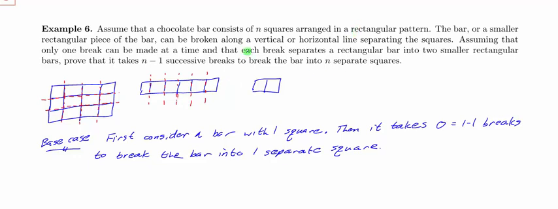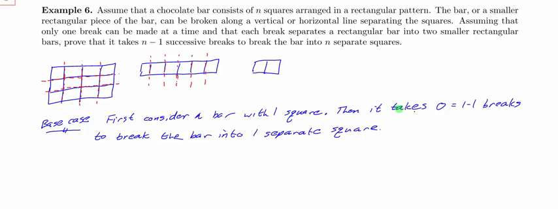You don't have to look at multiple ways of arranging those squares. Once you get into, I guess, more than 3 squares in your rectangular pattern, then you have to think about how they're laid out and go through and talk about the breaks that way. But with just 2, there's only one way that you can lay those out in a rectangular grid. And so there you're actually performing a break.